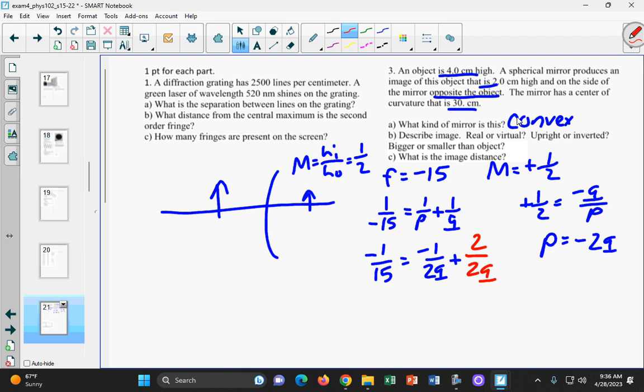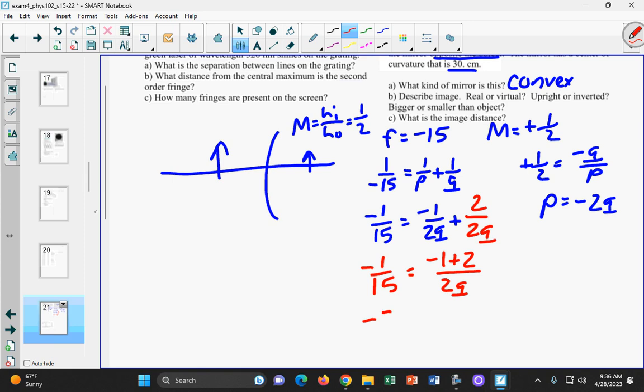I changed that fraction to have a common denominator, and then I get negative 1 over 15 is negative 1 plus 2 over 2q, which is just 1 over 2q. Cross multiplying here, I get negative 2q equals 15. So q is equal to negative 7.5. And that's what I'm looking for. I want to know the image distance. It's minus 7.5. That means that this distance is 7.5 centimeters behind the mirror.